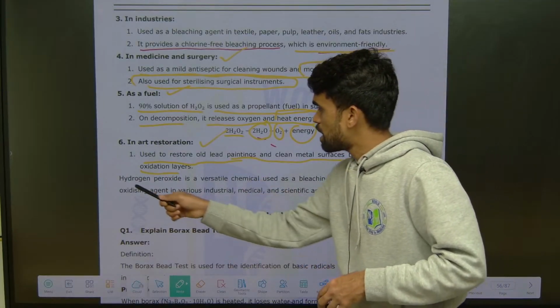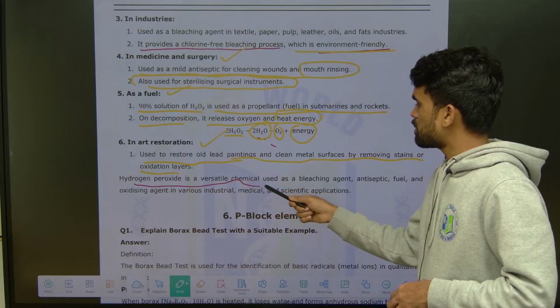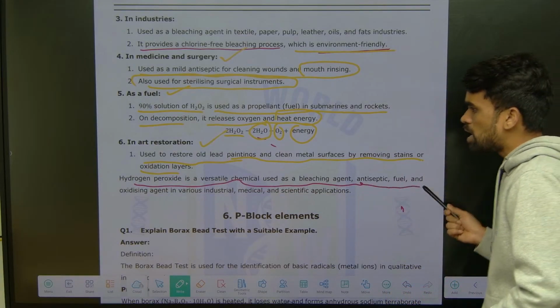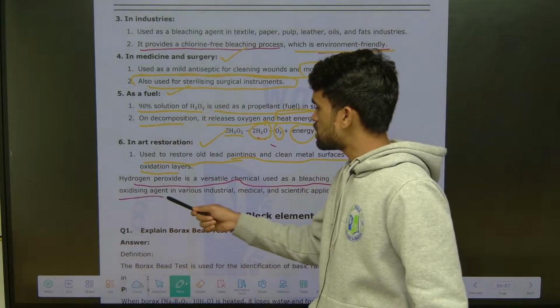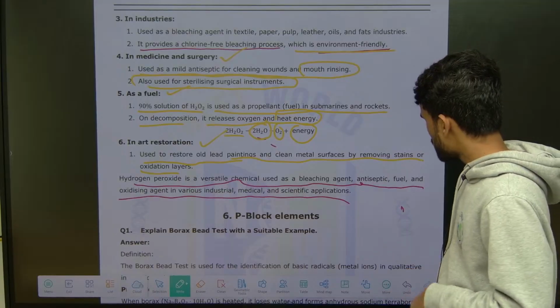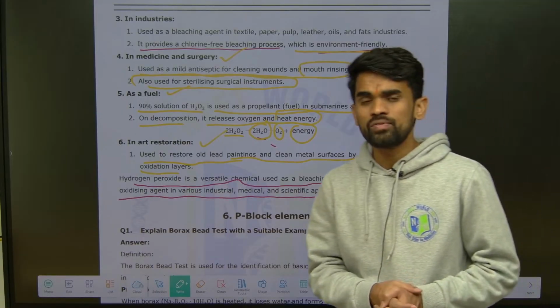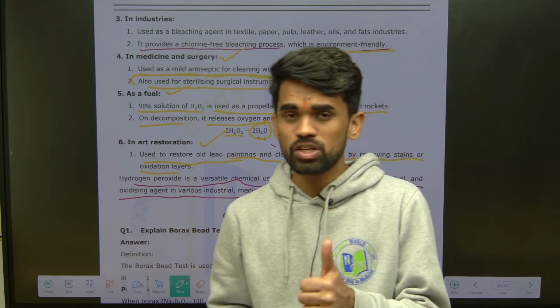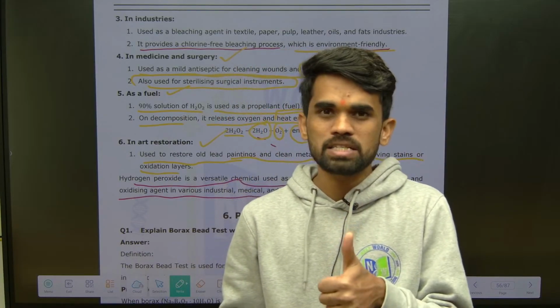So next, hydrogen peroxide is a versatile chemical used as a bleaching agent, antiseptic, fuel and oxidizing agent in various industrial, medicinal and scientific applications. So these are the importance of hydrogen peroxide. What are the main important questions you need to remember about hydrogen peroxide that we have seen?